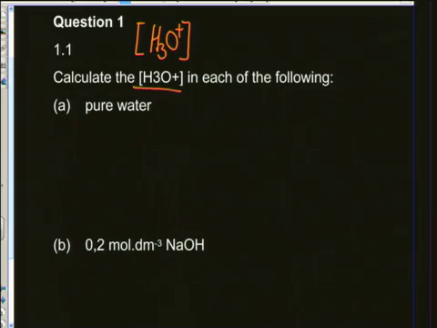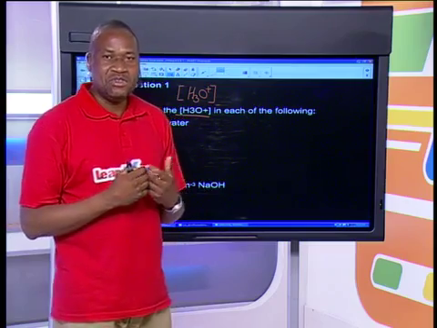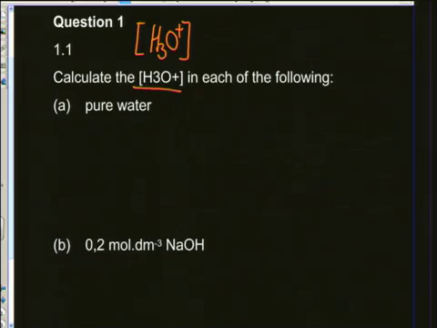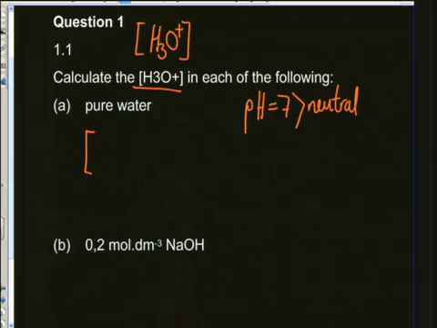Pure water, we know that with pure water we're talking about pH 7, something that is neutral. So pH equals 7, and remember there are no units for pH. Now if we are to find the concentration of hydronium ions in pure water, basically we don't even have to calculate.